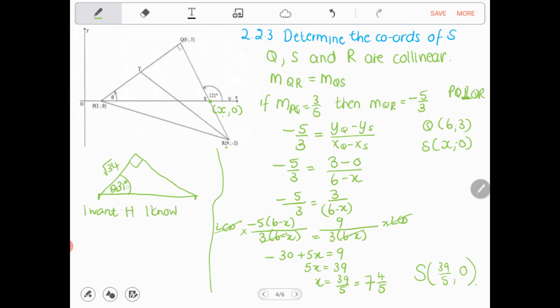I know the adjacent. So I could have gone cos of 31 is equal to adjacent, which is square root of 34, over hypotenuse, which is what I'm looking for here. Then I get my hypotenuse by doing root 34 divided by cos of 31. Just make sure that your calculator is in degrees.